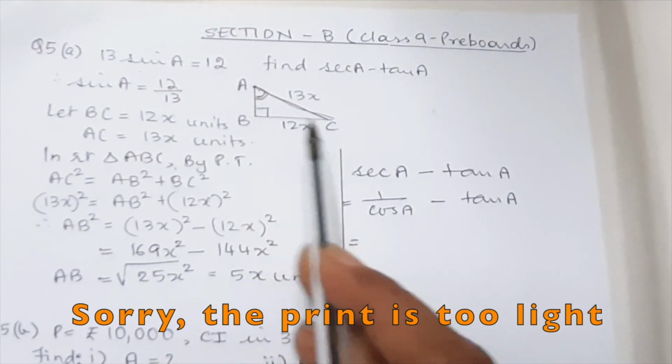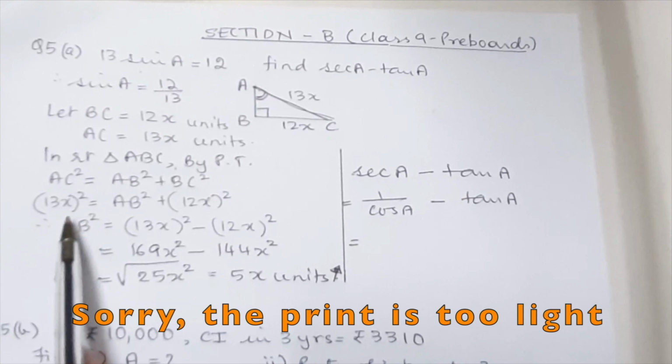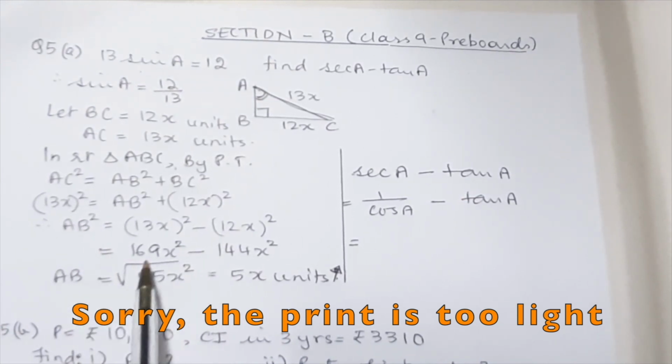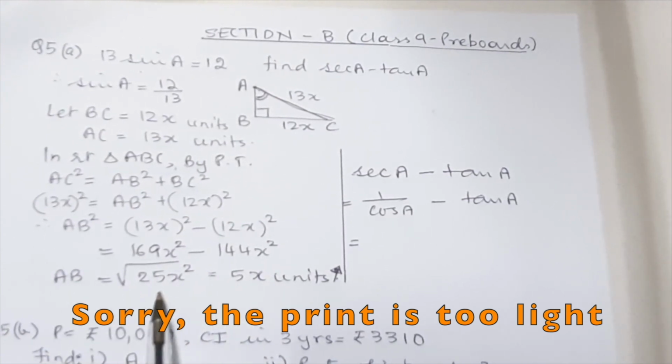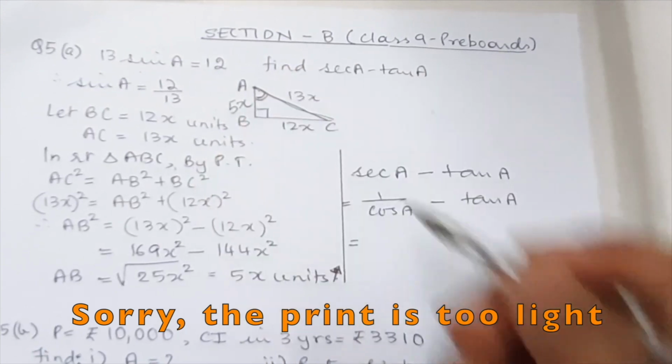And substitute the values, and we will get our AB square as 169x squared minus 144x squared. So AB becomes under root of 25x squared, which is 5x units. So we will write here 5x units.